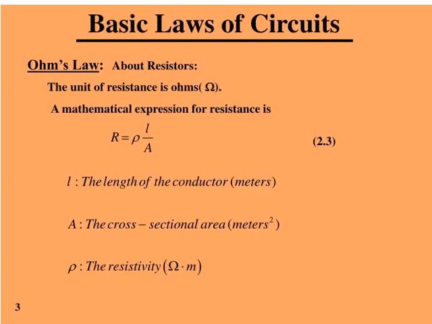which is measured in meters. Whenever the length of the conductor increases, the resistance also increases, and when the length decreases, the resistance decreases. Similarly, it is inversely proportional to the cross sectional area, which is measured in meter square.